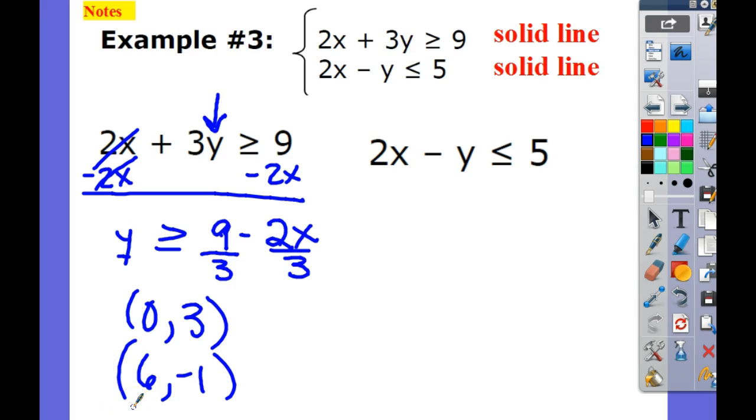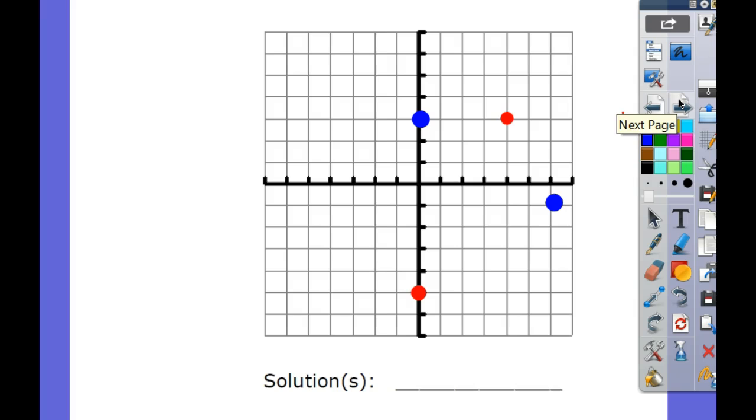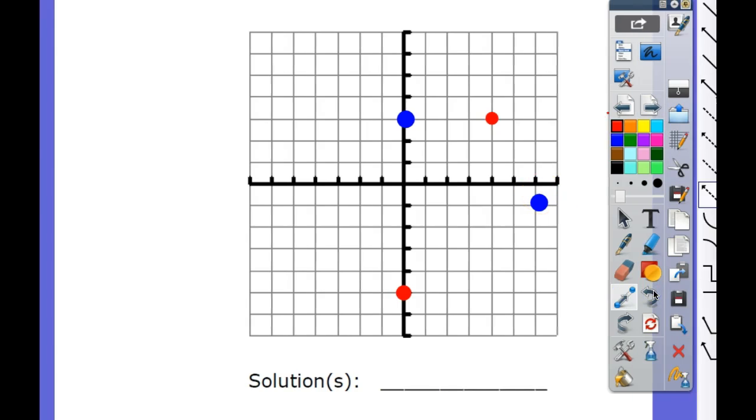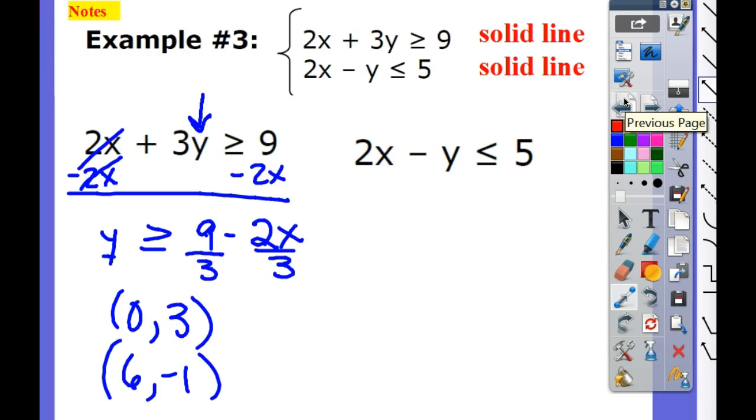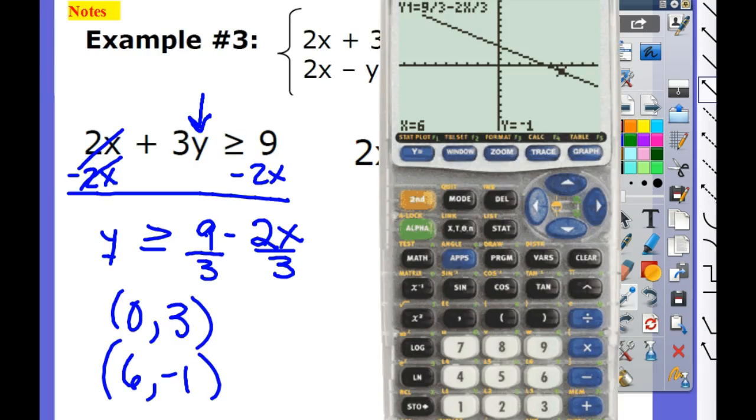All I need is 2 points. I don't have to have half a dozen points. And so my first solid line is 0 and 3 and 6 and negative 1. And it's going to be a solid line. The calculator doesn't care whether it's beautiful when you put that into your calculator.